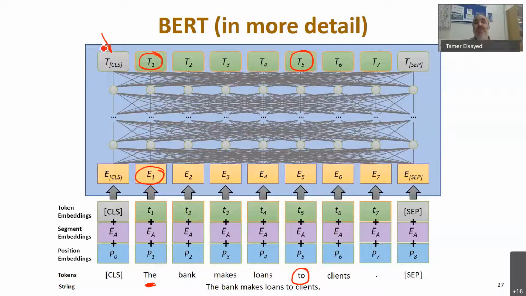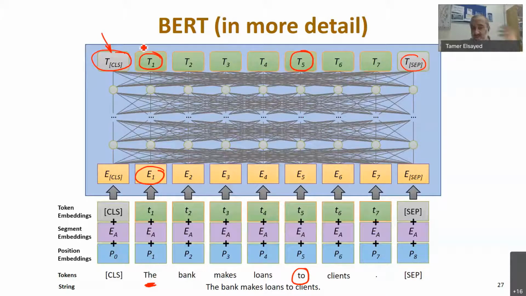This is usually considered as the embedding for the entire sentence. So if you want to classify this sentence, then you can take this embedding as an input to the classifier. Even the separator has an embedding. So for every input token here, we can get the embedding for it.